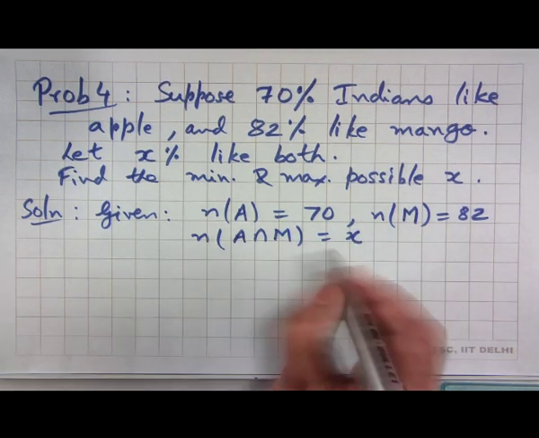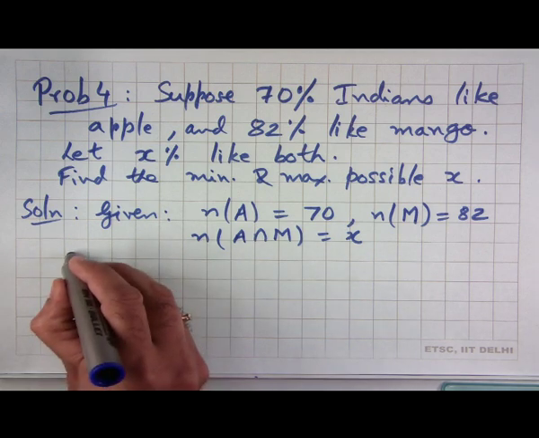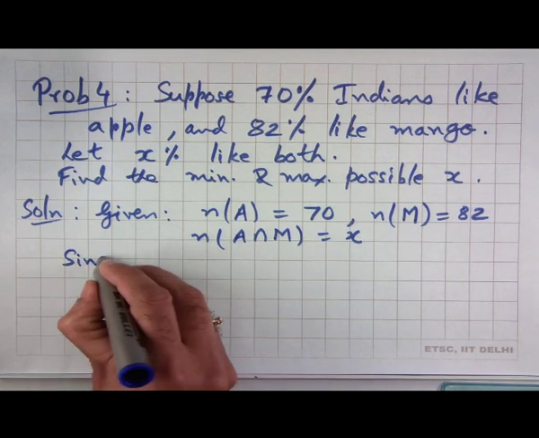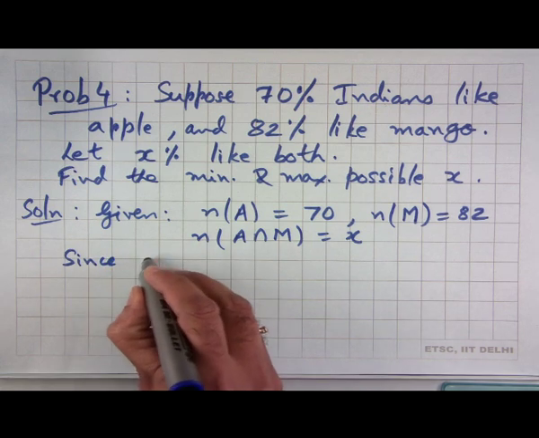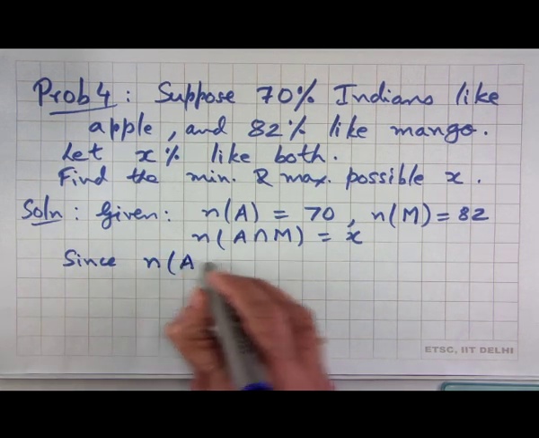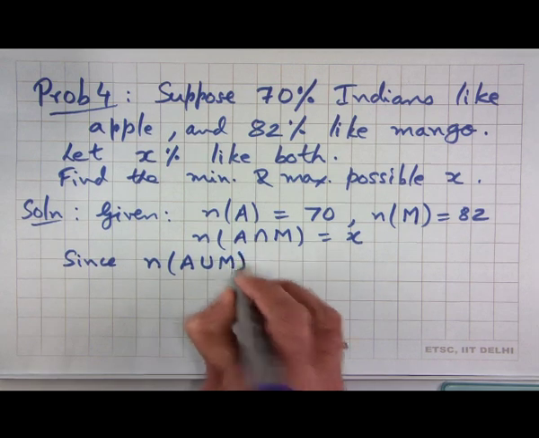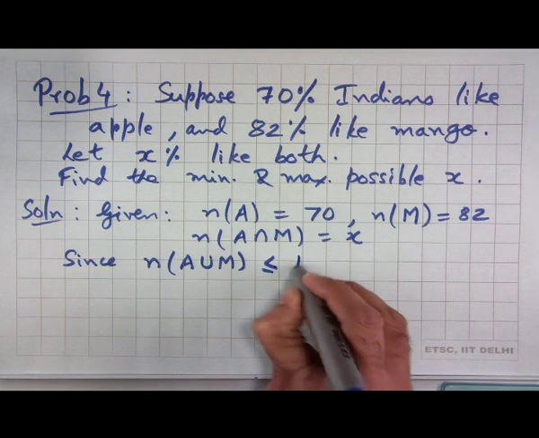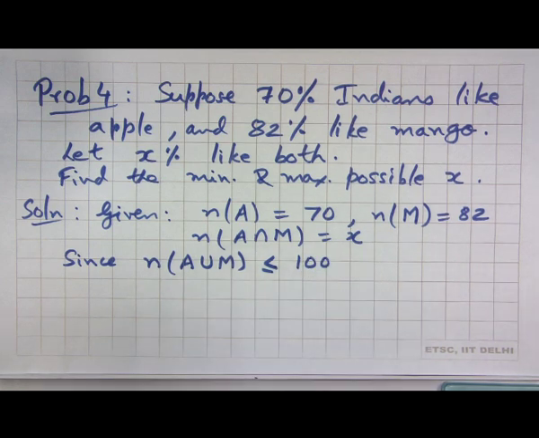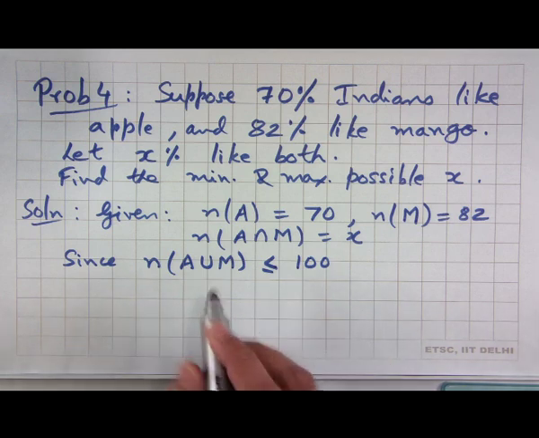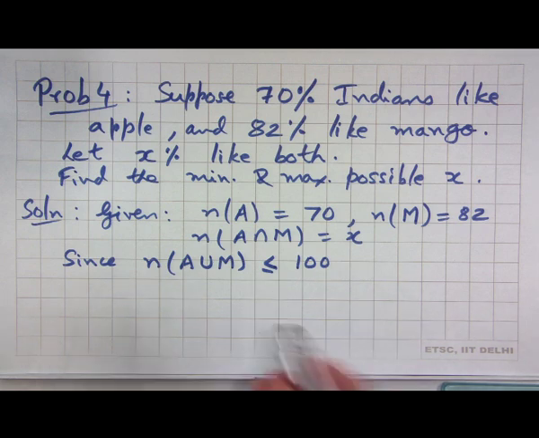So, what we know is that n of A union M has to be less than or equal to 100, right. The total is 100% of people. So, people who like either apple or mango cannot be more than 100%.